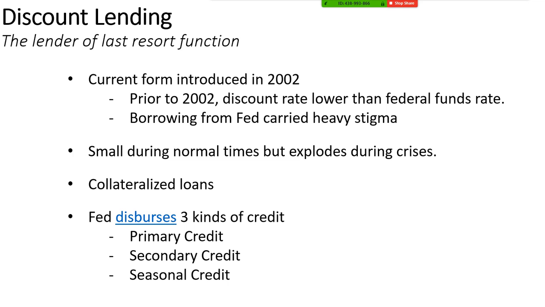But the problem with that system, where the discount rate was even lower than the federal funds rate but there was a real serious stigma attached to borrowing, is that it created a lot of volatility in the market.